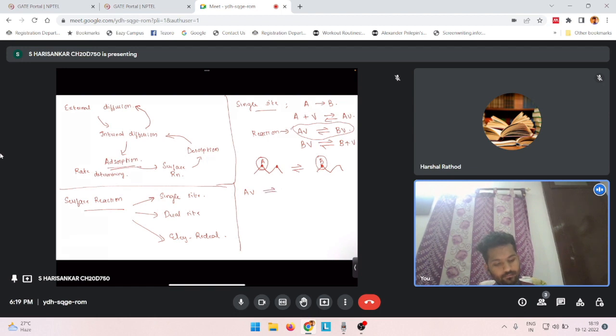AV reversibly giving BV, then the rate of reaction will be K1 CAV minus K minus 1 CBV, right? So this will be the overall rate of reaction for this reversible reaction step.